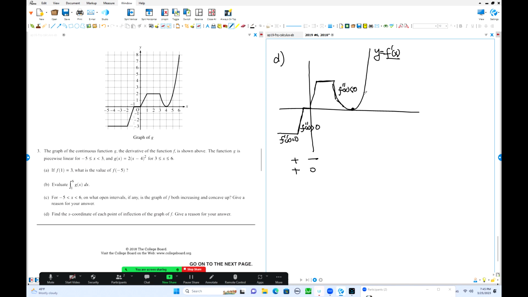Right at this point the slope is positive, concave up. So at this point is a point of inflection. The x-coordinate at this point of inflection is x equals 4. This is only one point of inflection.